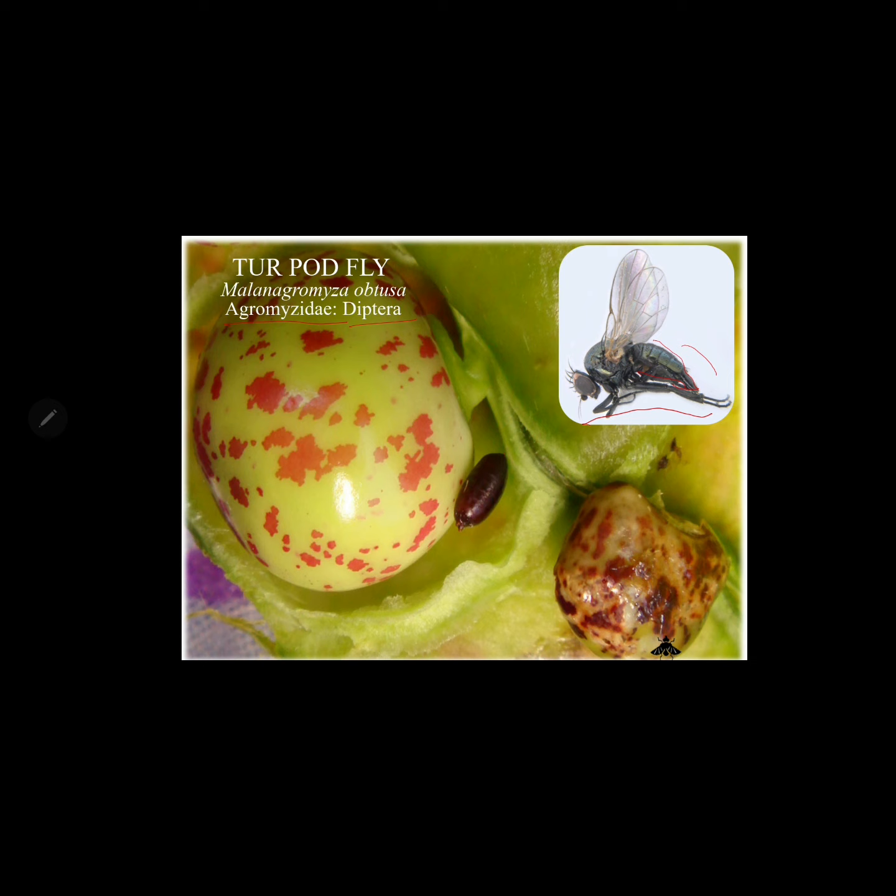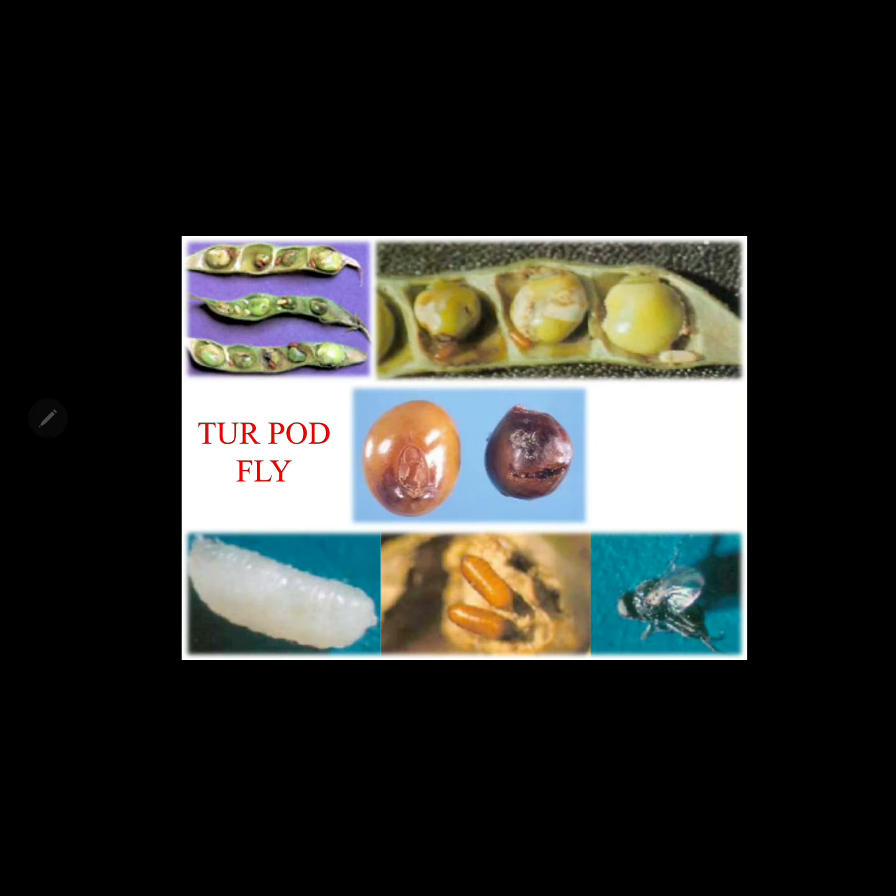The small black color fly thrusts its minute eggs into the tissues of tender pods and small buds, and also inside the pod by making a hole to the pod.